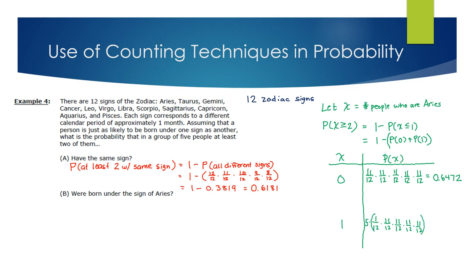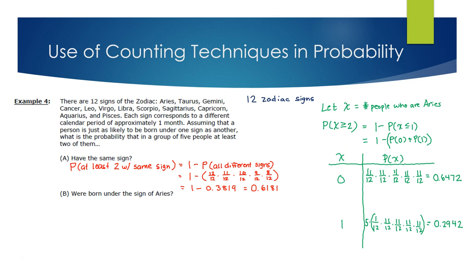That's basically kind of getting into some of the combination stuff. So sometimes you get permutations and combinations working simultaneously. So here, I'm going to have 5 times this product. That's going to be the probability of one person being an Aries and the other 4 not. So that's 0.2942.